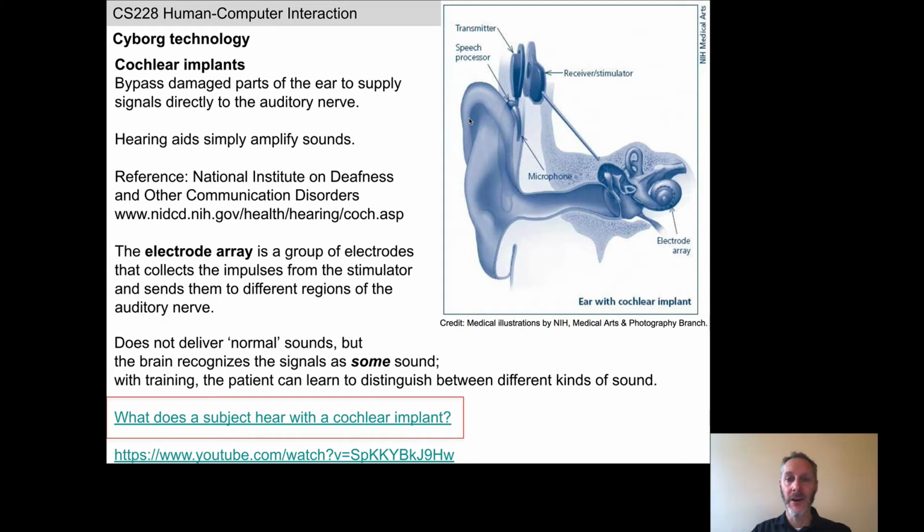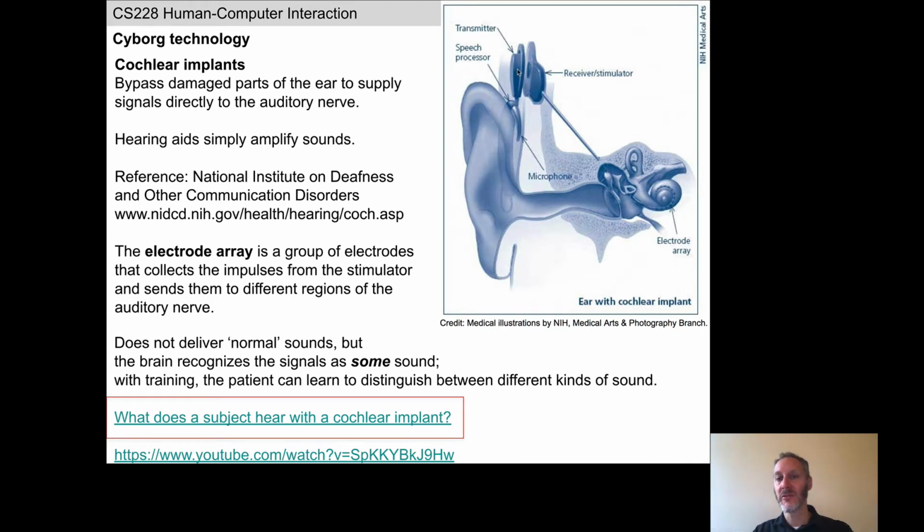How does a cochlear implant work? Well, there is a microphone that captures pressure waves corresponding to sound or speech on the outside of the wearer's skull. There's a little bit of a speech processor, so even at this early stage in this technology, it is trying to filter out other sounds and supply just speech.